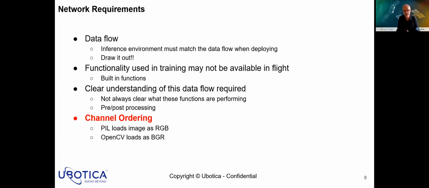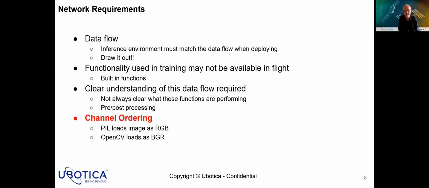Okay, so things like what's the image size that's been used to train the network, what's the channel order, etc. The training framework might be using built-in functions. They may not be available on flight. So it's understanding what these functions are doing, and being able to either design them out of the training framework, or else having as part of the pre-processing, making sure that the same processing steps are implemented.